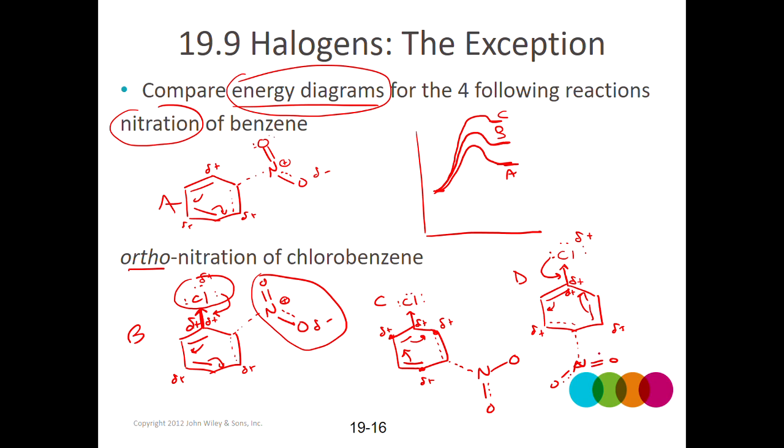So because D wouldn't have any extra sterics associated with the crowding of those two groups, since they're so far away from one another, D would be somewhere in here. And so you should be able to rank the likelihood of different pathways once you consider the induction, the resonance, and the sterics associated with each of the transition states.